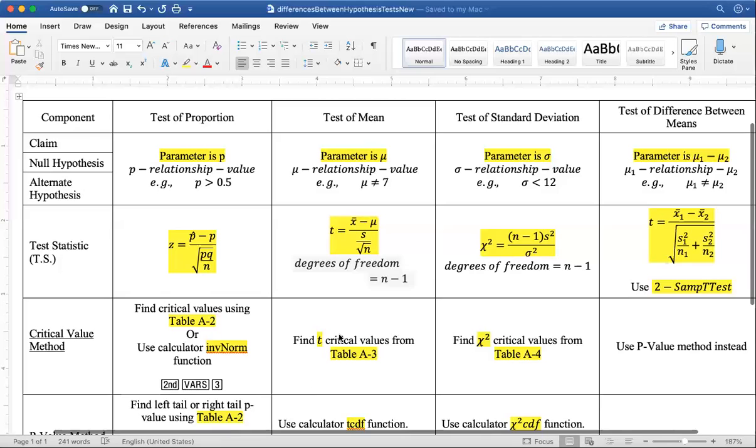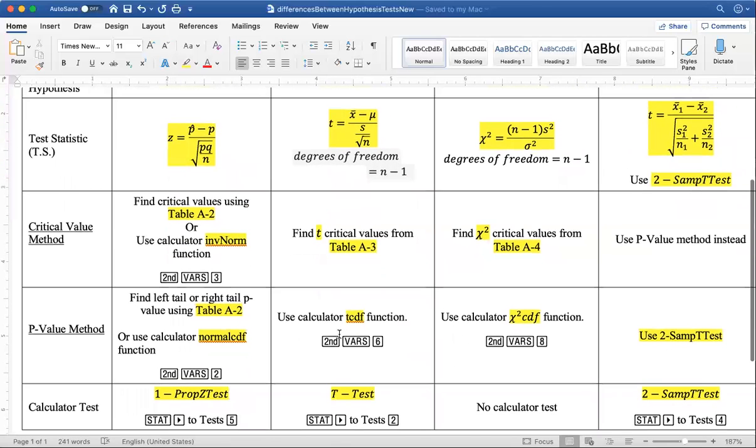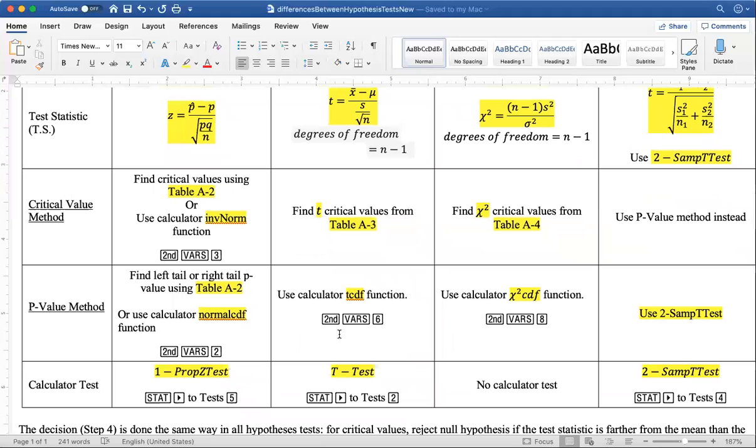Step 3 is where we determine if the test statistic that we found in step 2 was unlikely or not unlikely. There are some slight differences in how we do things in each of the different hypothesis tests.